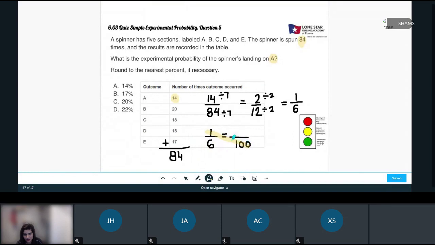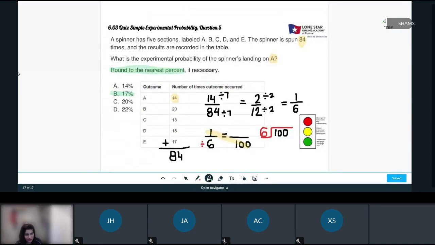Do 1 times 100, you will get 100, and divide by 6. Your approximate answer, remember, it's not going to be precise. I did this one and it was not a very precise answer because you have to round to the nearest whole number, right? I got an answer that was 17%.